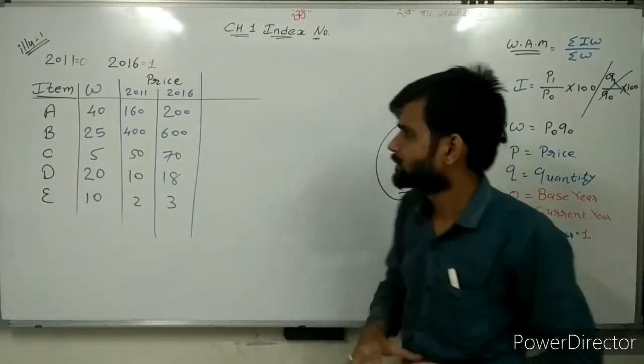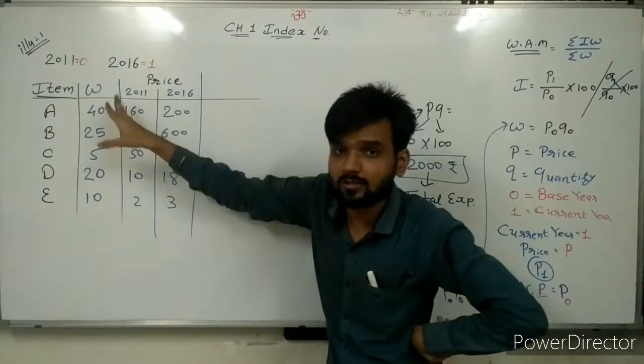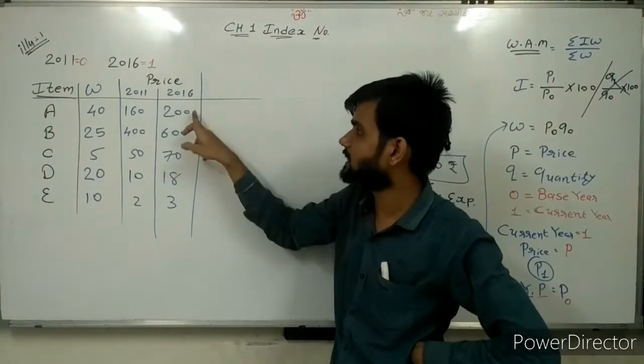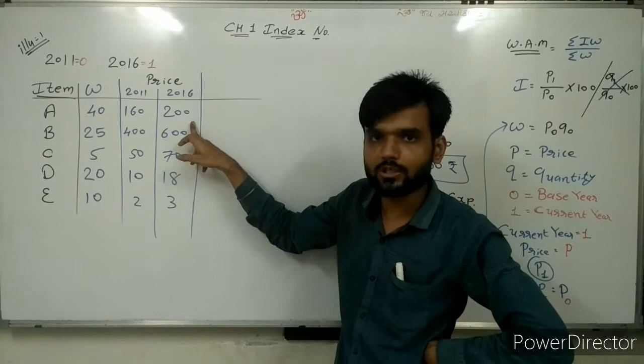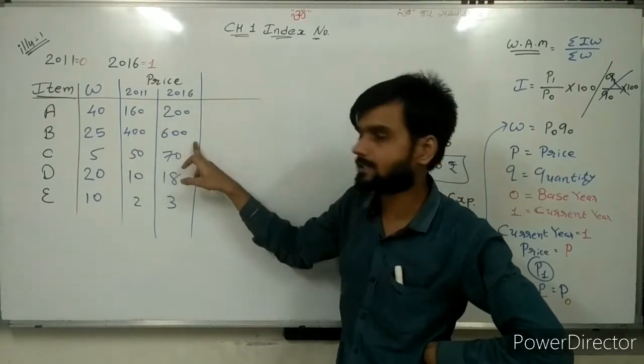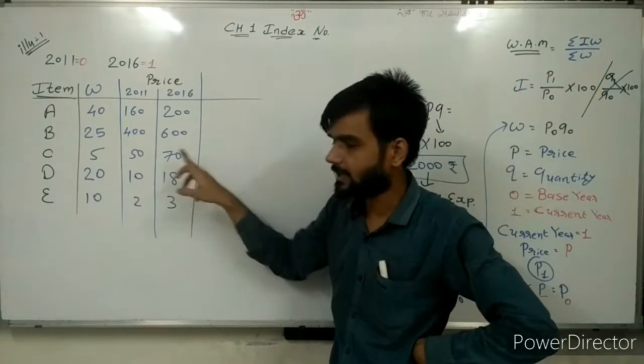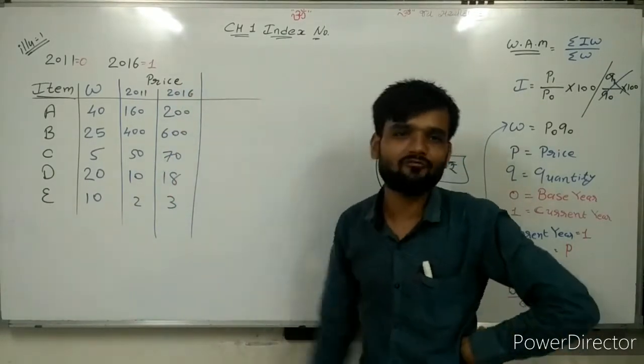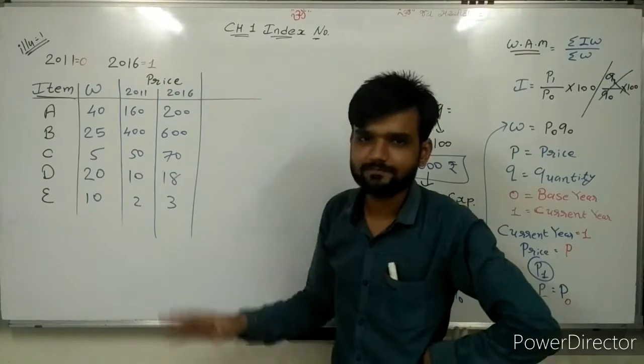So try to understand. In 2011, item A's price is 160, which increased in 2016 up to 200. 400 becomes 600, 50 becomes 70, 10 becomes 80, 2 becomes 3. So here an increase in the value of the items is given.